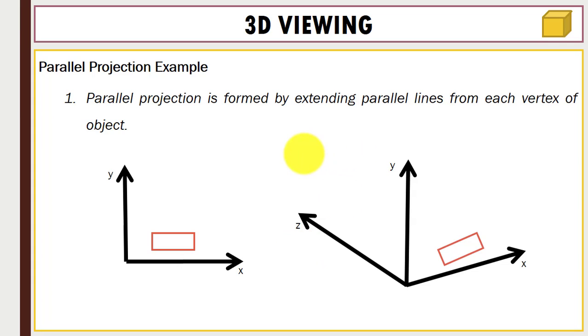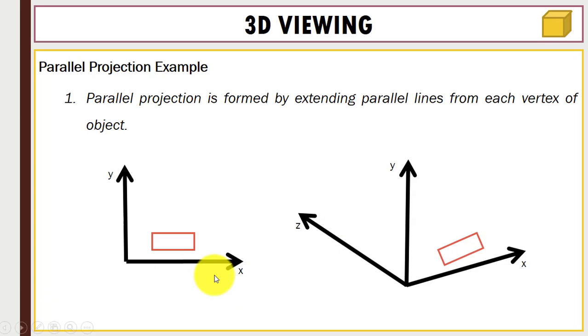Next you can see an example of parallel projection. Here you can see we can form parallel projection by extending parallel lines from each vertex of the object. So how can we form parallel projection? For that we extend the lines from each vertex of the object. For example, we have this object on the plane. So how can we perform projection for this? As you know, we did this in rotation.